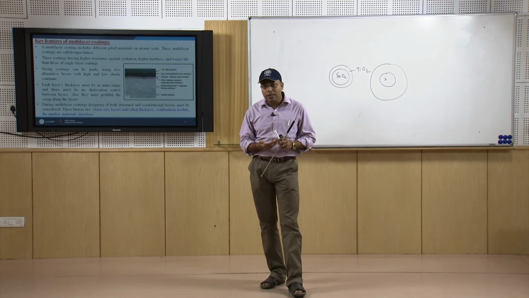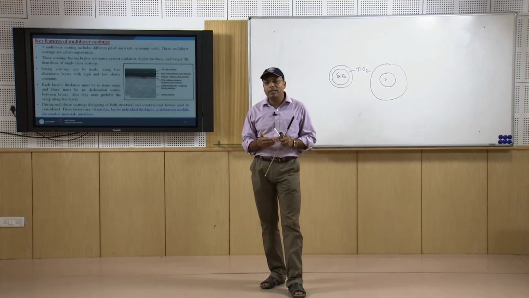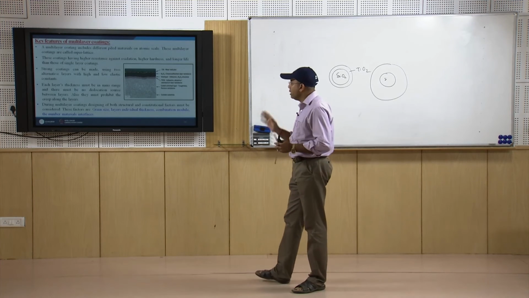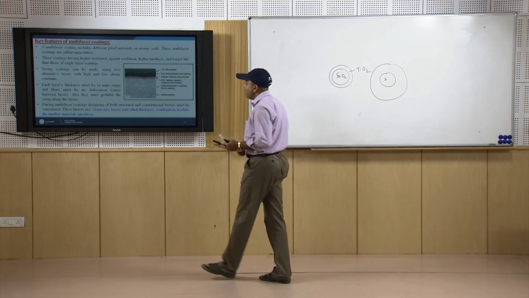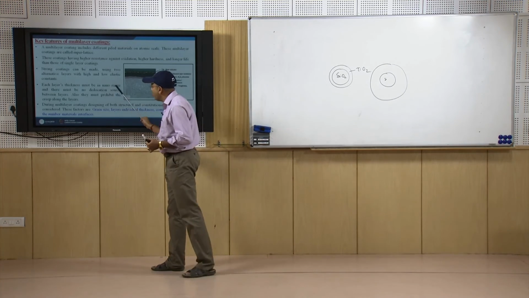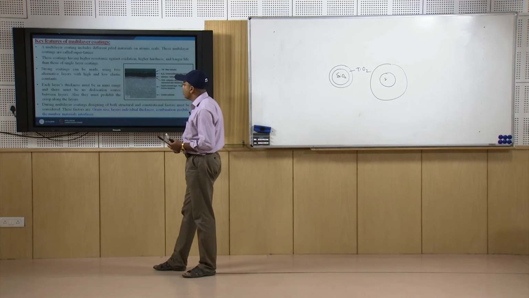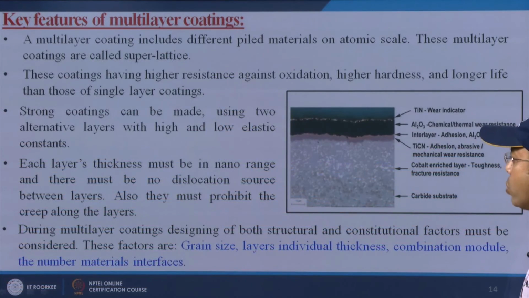So by doing this kind of multi-layer coating we can get better properties. Each layer thickness must be in the nano range, and there must be no dislocation source between layers. Also they must prohibit creep along the layers.